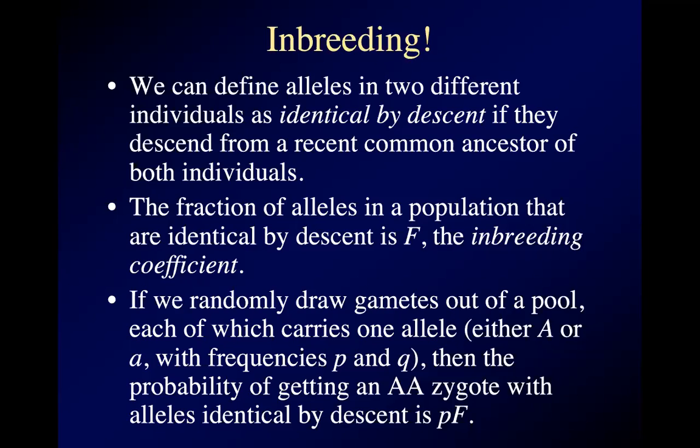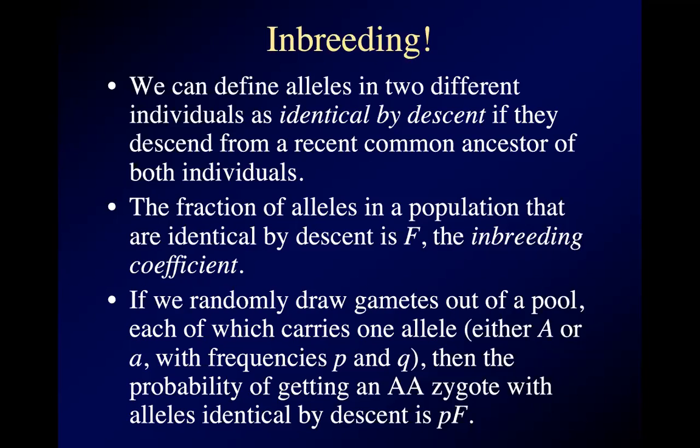So if we have this pool of eggs and sperm, the probability that we're going to pull out an egg, let's say, with the big A allele is some number between 0 and 1, and we can call it P. That's the frequency of the big A allele. And Q is going to be the frequency of the little a allele. The probability that you reach in and pull out an egg with the big A allele is P.